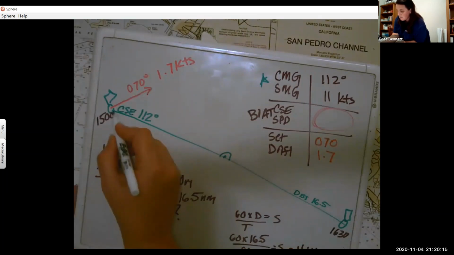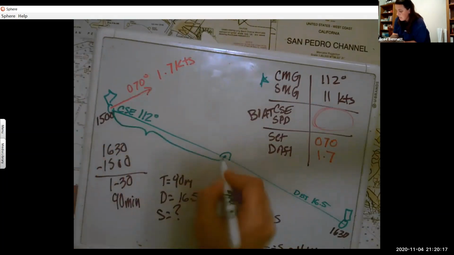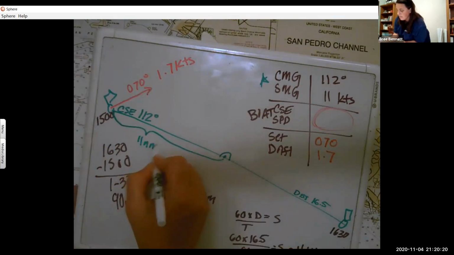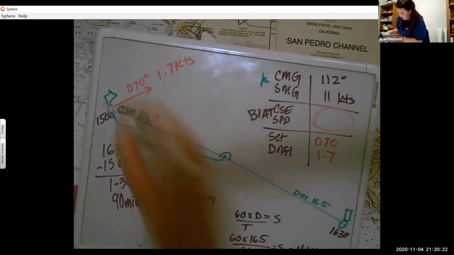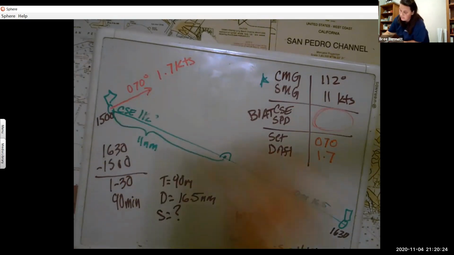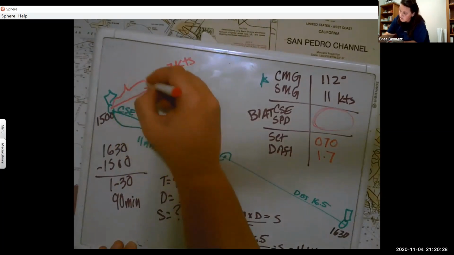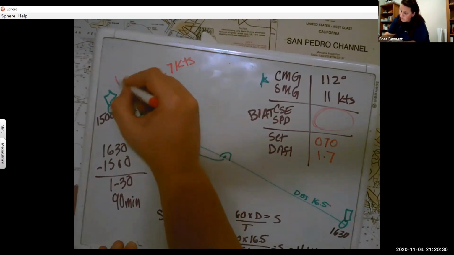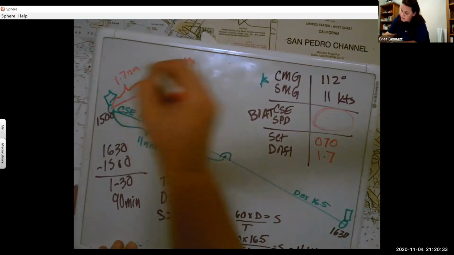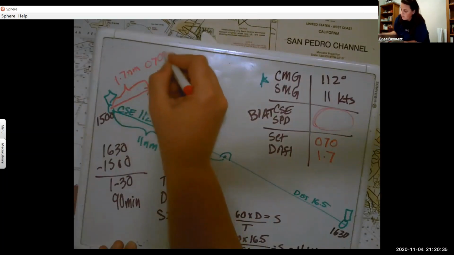So at 11 nautical miles, then I'll plot this guy at 1.7 nautical miles, 070.